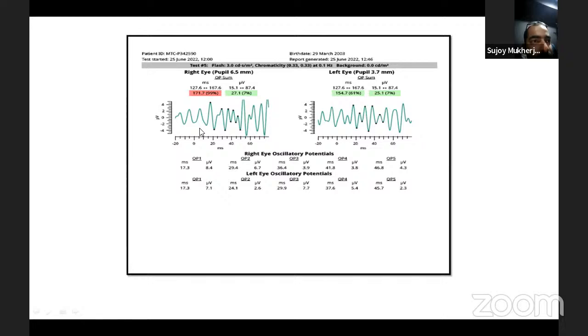That happens because we used a skin electrode. This system is the LKC handheld device. We forgot to mention that in the beginning, but it is not our Metrovision tabletop device. It is the LKC handheld device. Here we use a skin electrode, and we know that if we use a skin type of electrode, we can see artifacts.